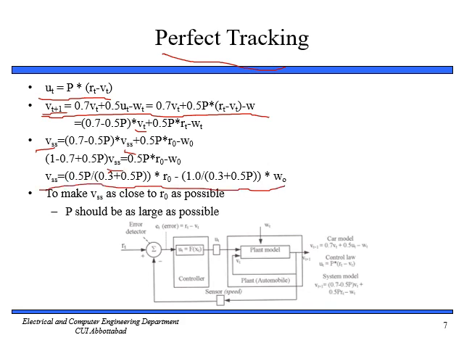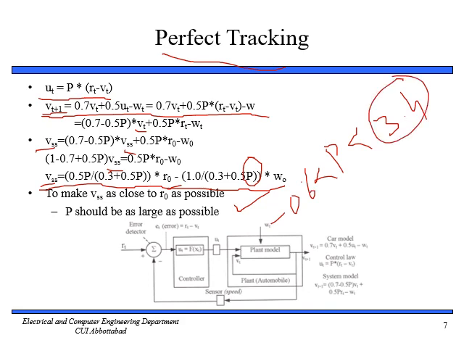To make VSS as close to R0 as possible, we have to make P very large. So for perfect tracking, we must make P very large. We know that the maximum value P can have is less than 3.4, so we can choose a value of P near 3.4.